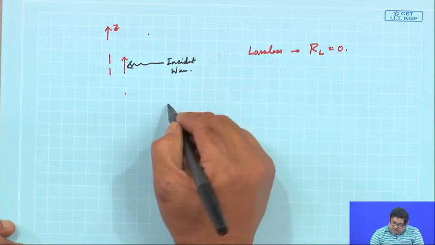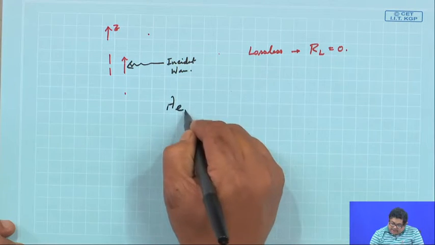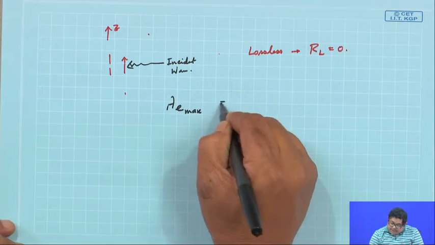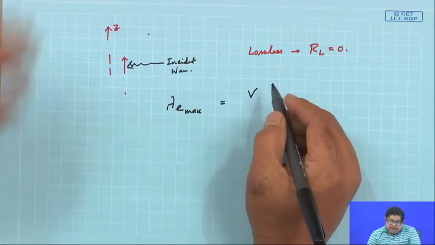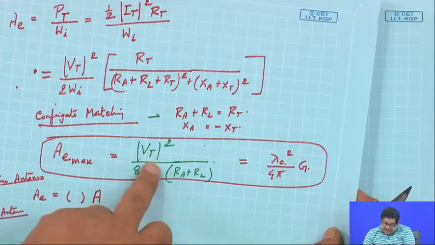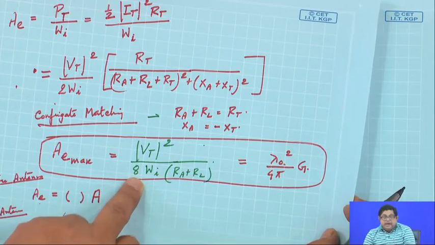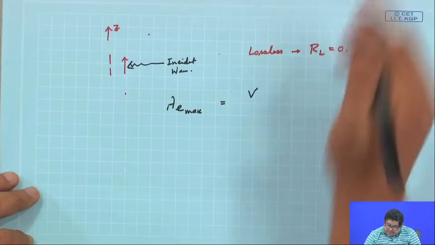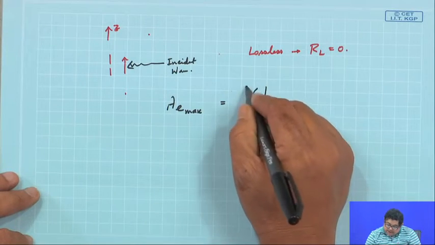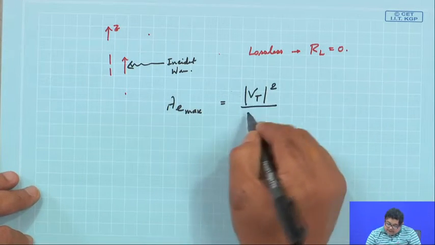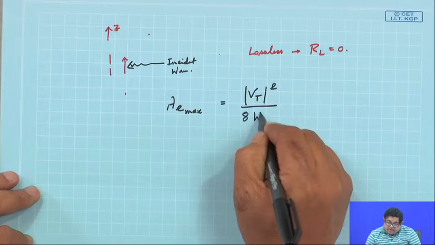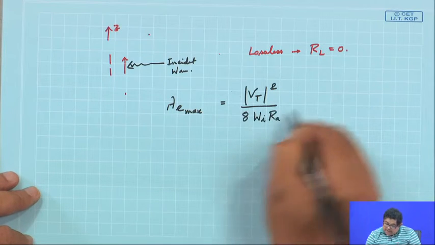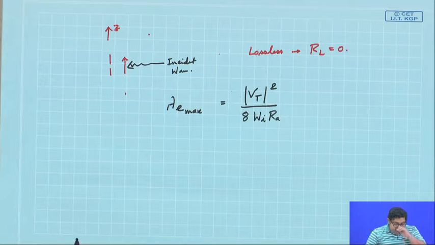So, what will be its AE max from our relation, because we have last found this relation that AE max is V T square by 8 Wi, R A plus R L. So, here if I put, it will be V T square by 8 Wi R A, because I am taking R L equal to 0.